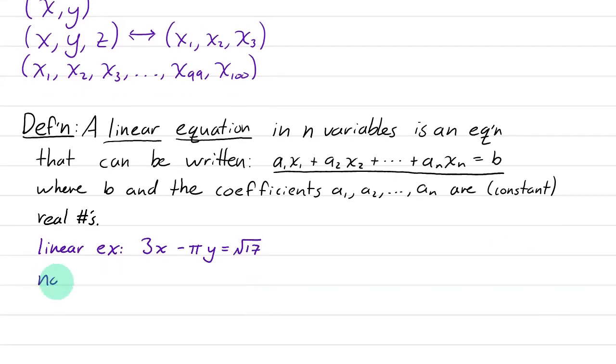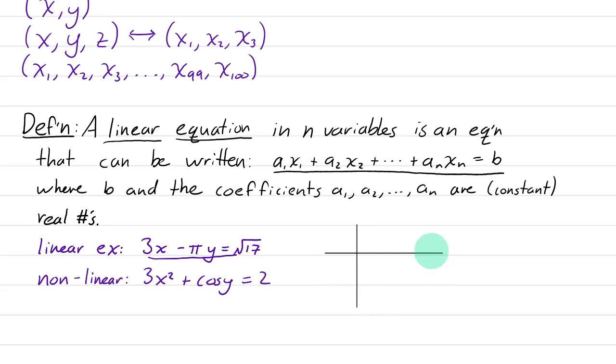A nonlinear equation might include something like 3x squared plus the cosine of y equals 2. Squaring things and cosines are not allowed in linear equations. And hopefully you remember that the reason they're called linear is that if you graph an equation like this, the graph turns out to be a straight line of some kind or another. And the line is linear.